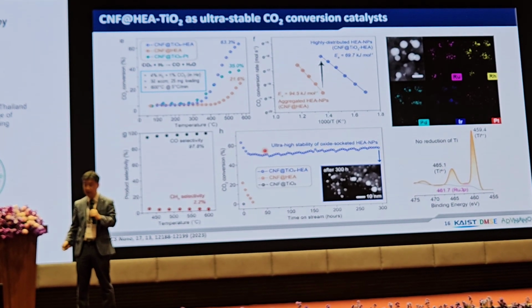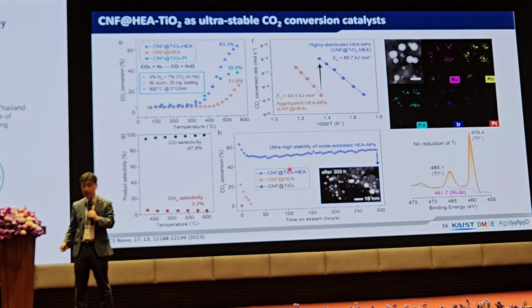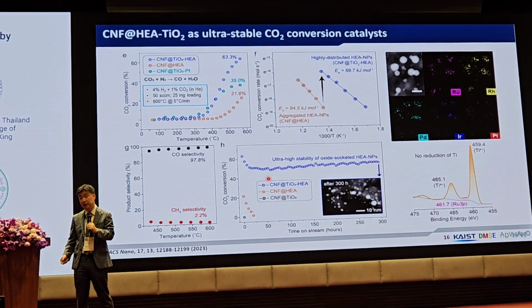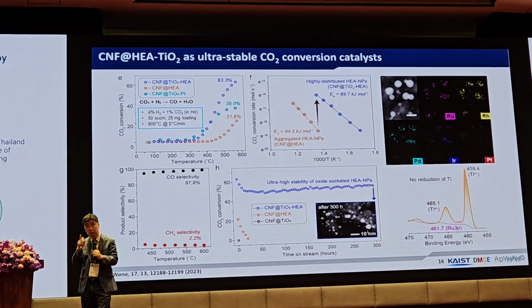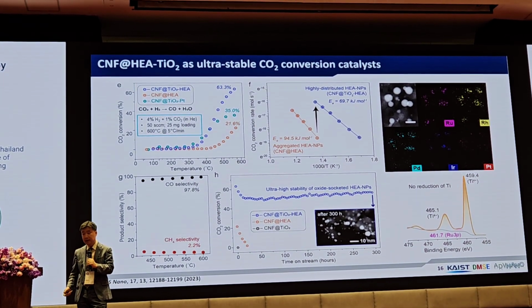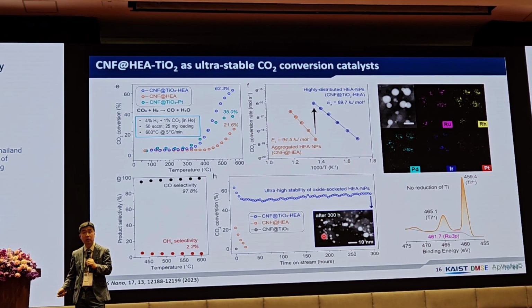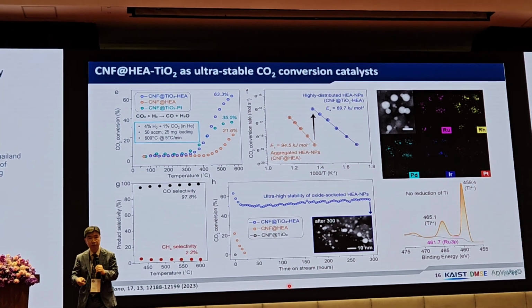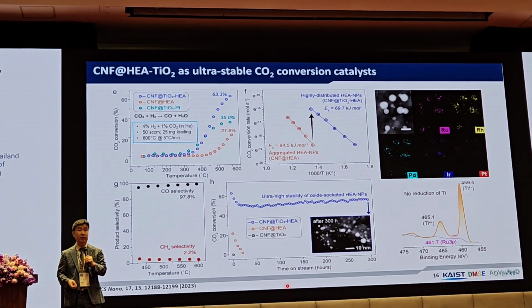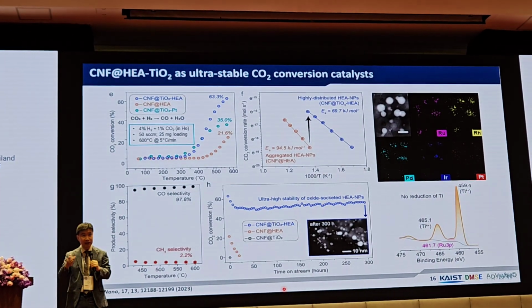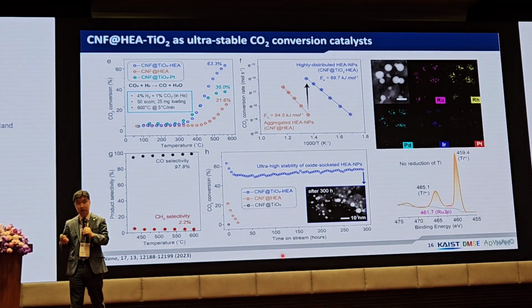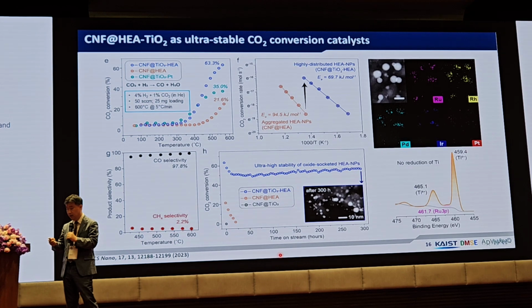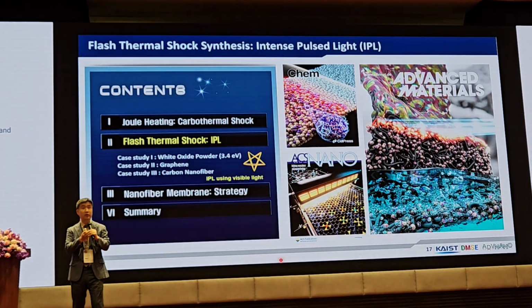But in the case of the titanium oxide supported high entropy alloy catalyst, it shows almost 60%. More importantly, they maintain their morphology even after 300 hours, right? This is an extremely harsh condition, but our well-designed nanoparticles are maintained after this harsh operation.